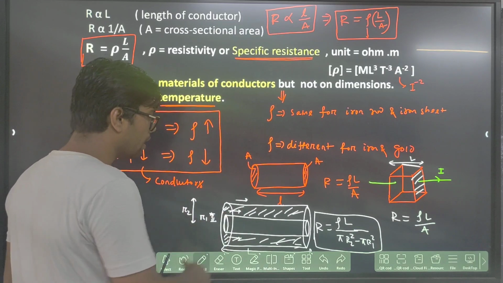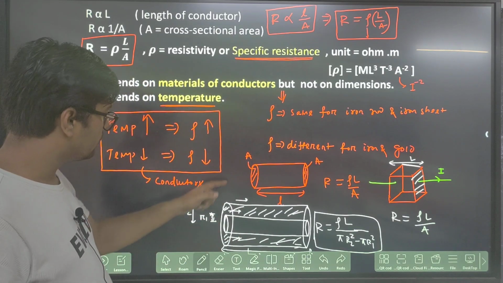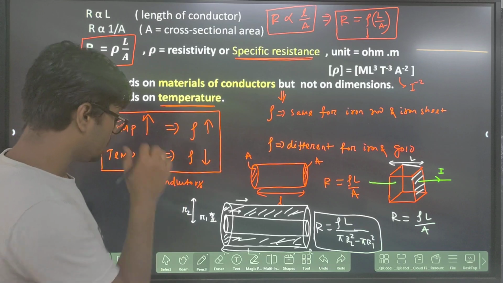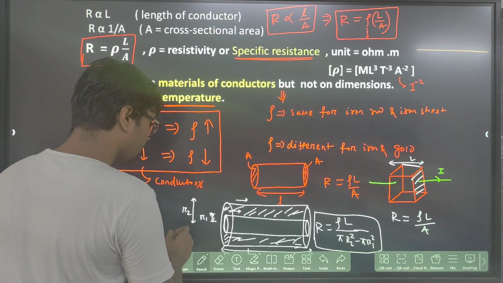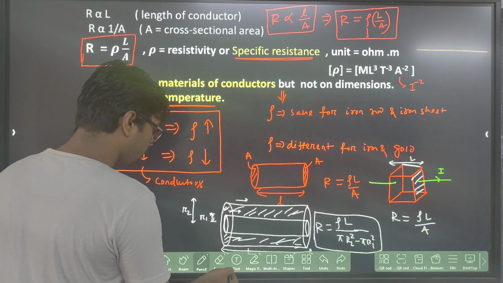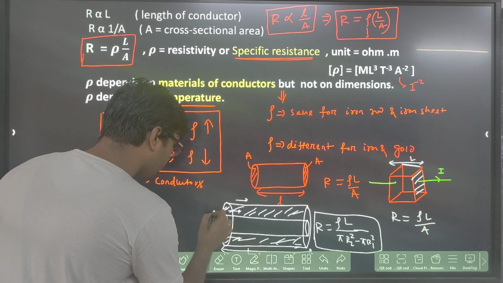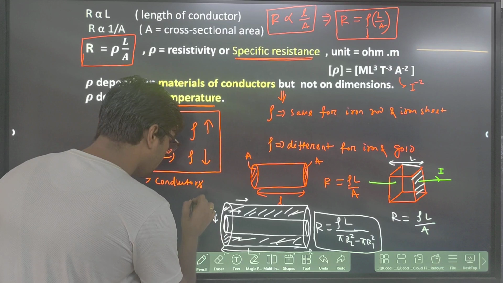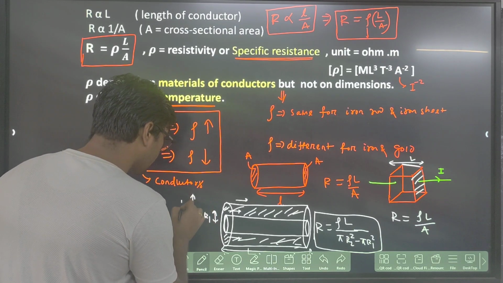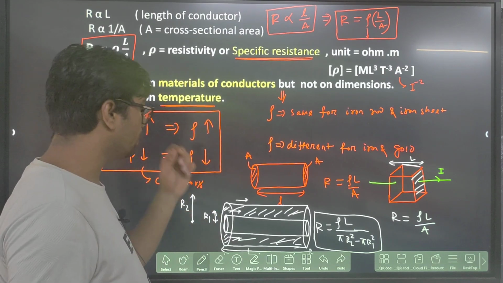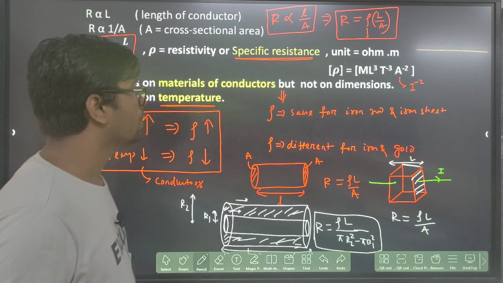Area will be pi R2 square minus pi R1 square. Oh, we have taken small r1, we will take capital: this will be capital R1, and outside this is capital R2. This is the radius of the cylinder, right?